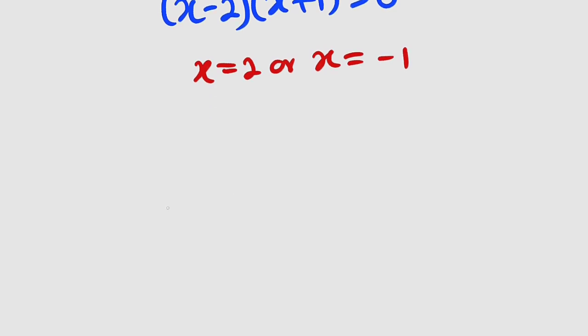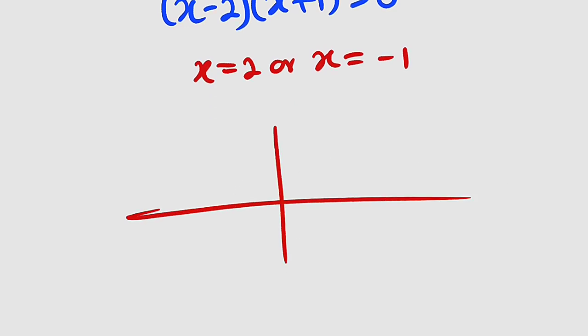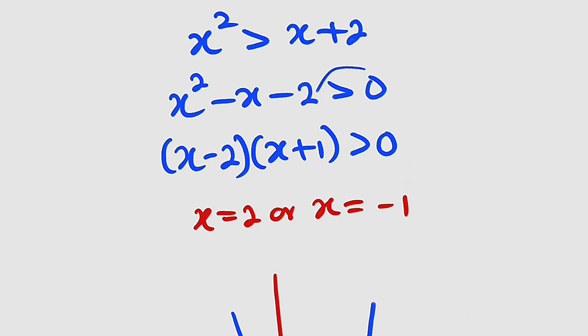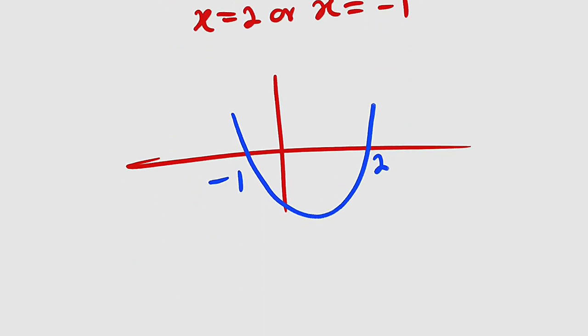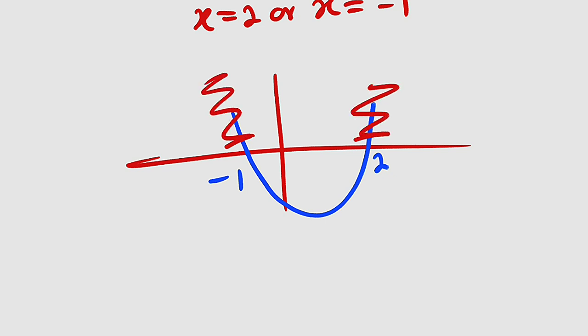So if you want to construct the graph of these, you have your roots as +2 and -1, something like this. So we have -1 here and +2 here. When we are talking about greater than 0, the values of y are above the x-axis, so we need all these values, right?